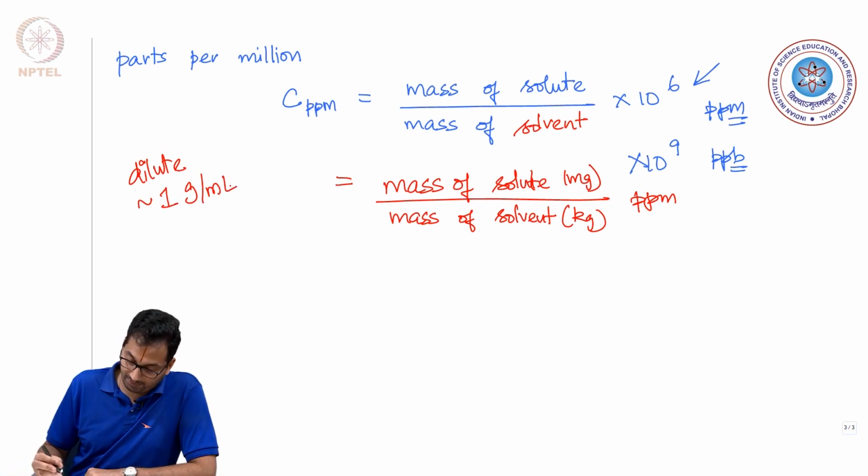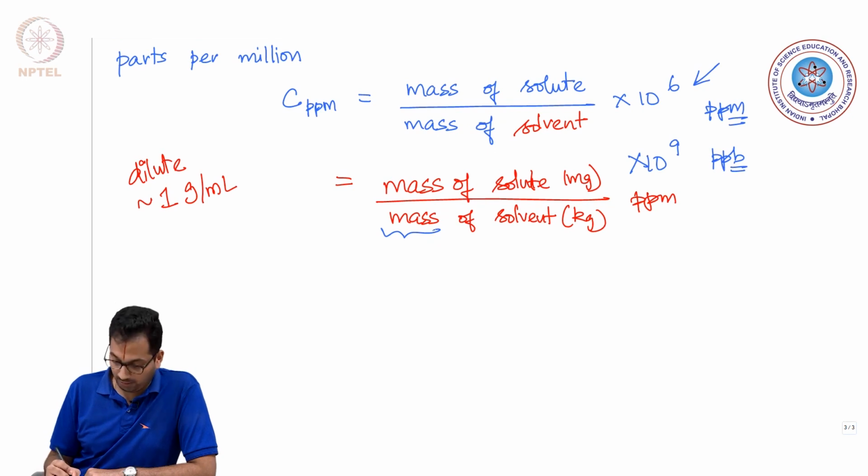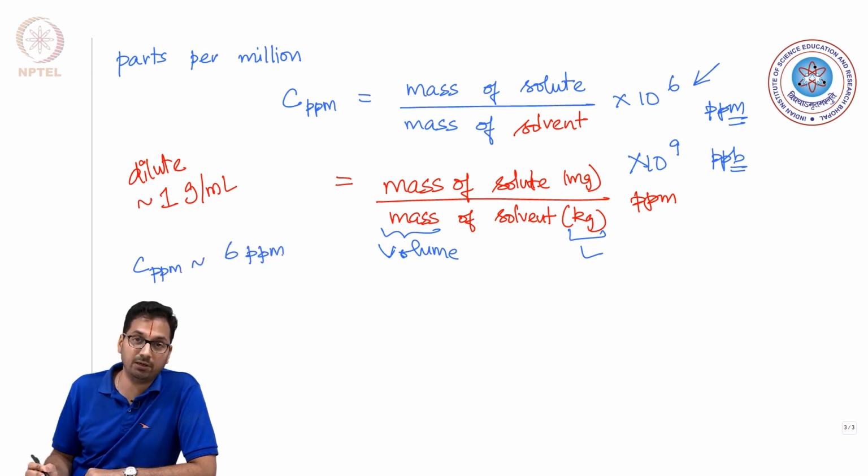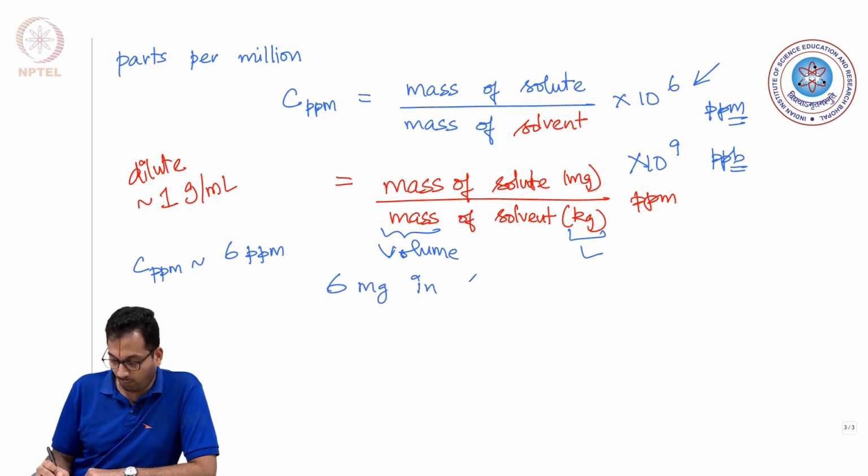So, therefore, what ends up happening is that the denominator switches from mass to volume, and the kilogram will get converted to liters. So, basically if somebody says concentration in ppm, let's say 6 ppm of a given ion, this indicates you have 6 milligrams in 1 liter of solution.